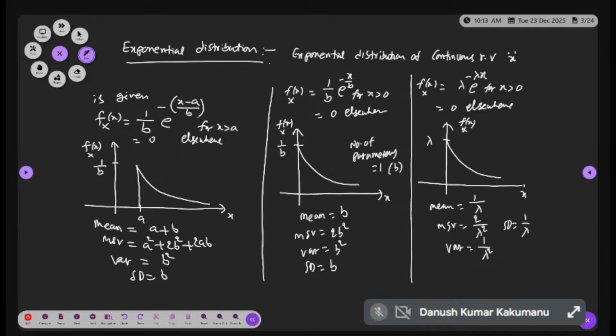Very good. What are the number of parameters here also? What is the parameter here? Lambda. Number of parameters is 1. Lambda is the parameter. So this is the introduction to the exponential distribution. It is an exponentially decaying graph.